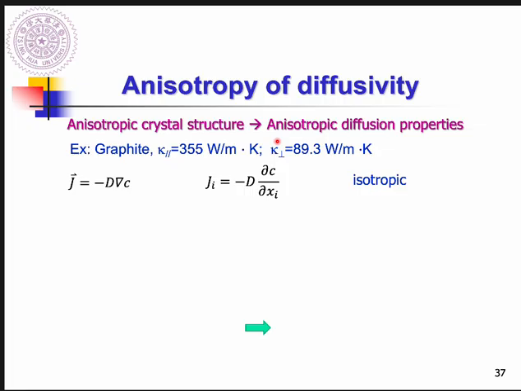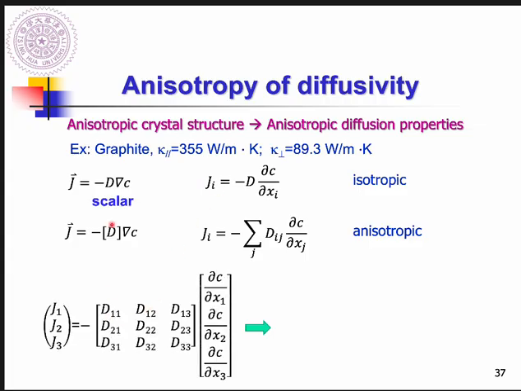For isotropic ones, some people use a scalar to represent the diffusivity. But when you deal with anisotropic crystal structures, you have a different diffusivity along different axes. So people will use the diffusivity tensor to represent the diffusivity in anisotropic crystal structures, by using a 3 × 3 diffusivity tensor.